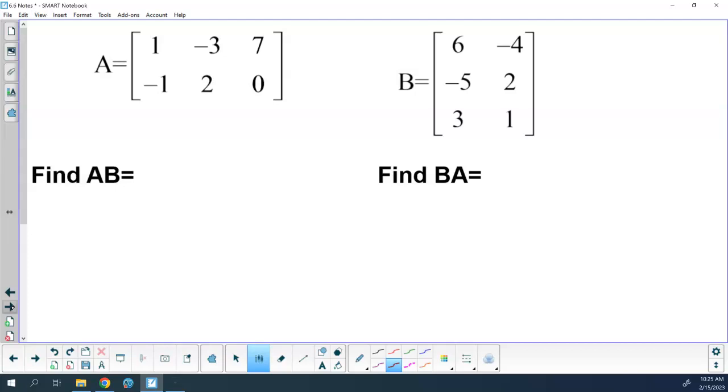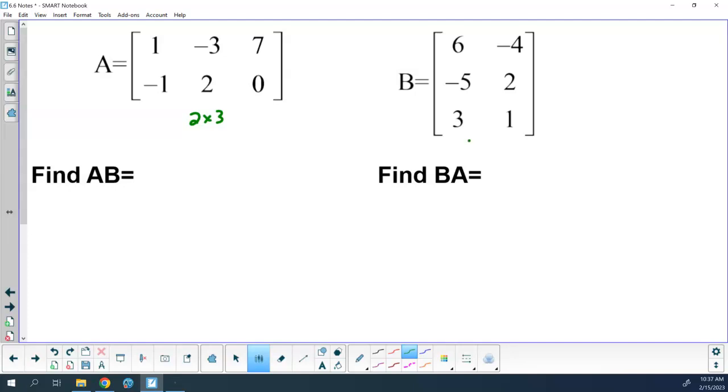So, with that being said, I would like you to find A times B, and I want you to find B times A. Go for it. So, AB. A is a 2 by 3 matrix: 2 rows, 3 columns.